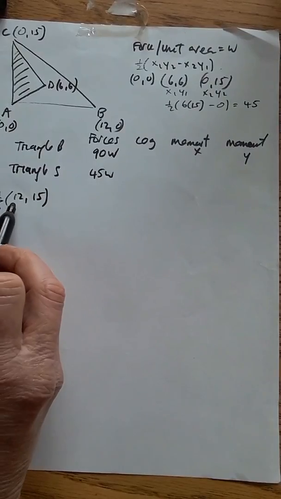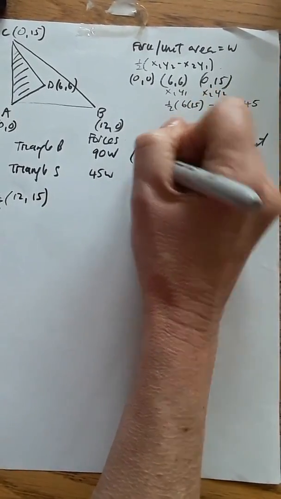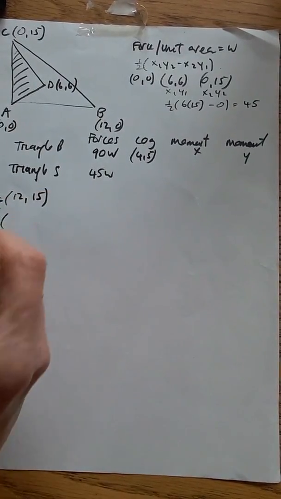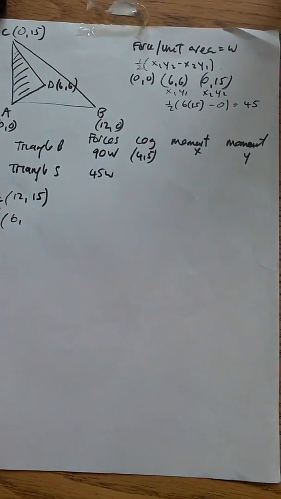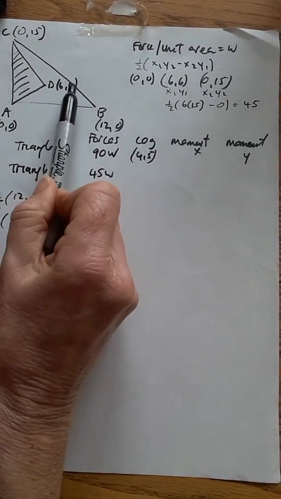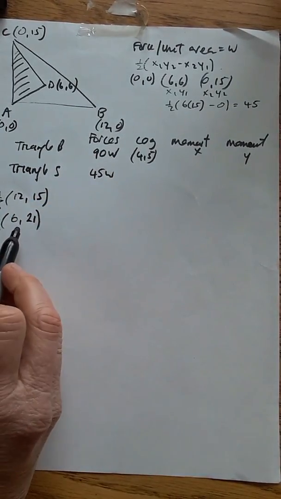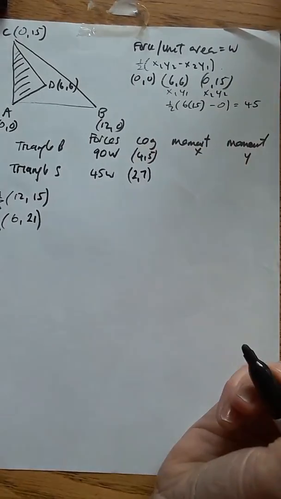So this is your centre of gravity of the big triangle, which is 4, 5. You do the same for the small triangle. 1/3 the sum of the x coordinates, 0 plus 6 plus 0, and the sum of the y coordinates, 0 plus 6 plus 15, that's 21. So 1/3 of 6 is 2, 1/3 of 21 is 7, so the centre of gravity is 2, 7.